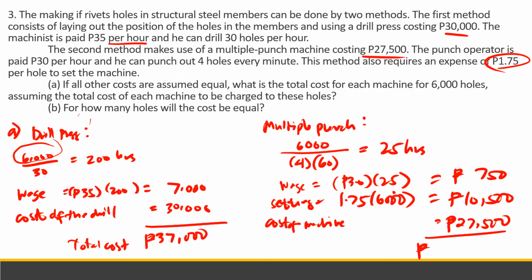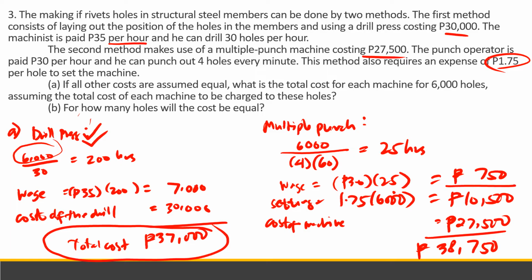So overall cost is 38,750. So meaning, mas nakasave pa din siya dun sa manual na drill press. So though malaki yung na-save niya sa wage or yung sahod ng operator, but for the additional cost na 1.75 per hole for setting up the machine, dun naman nagdagdag ng gastos.